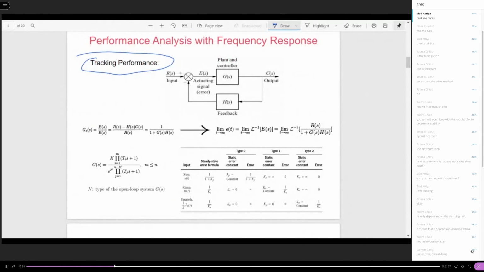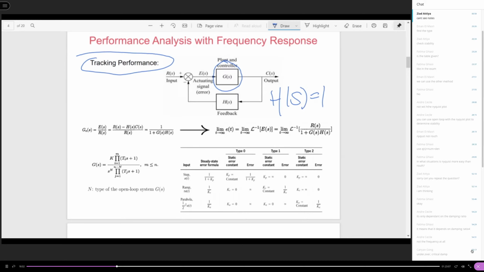We actually have already done this, but we did not realize it. If you recall, the tracking performance is very well characterized by the open loop transfer function G of S. Again, H of S is always equal to 1.